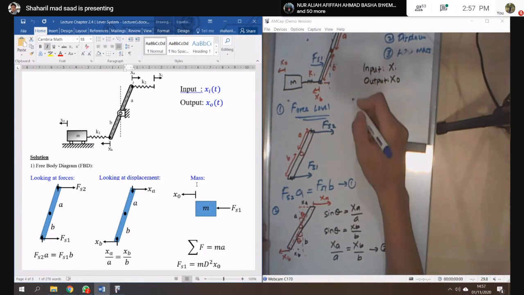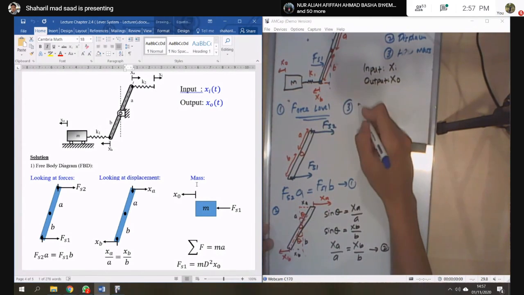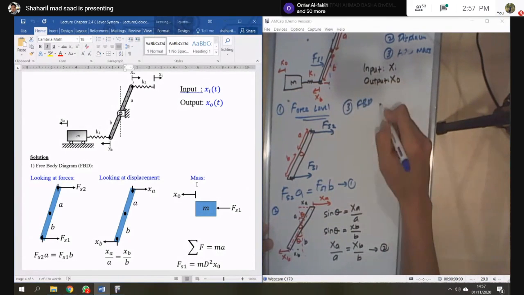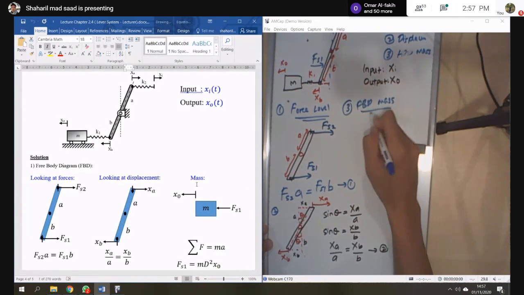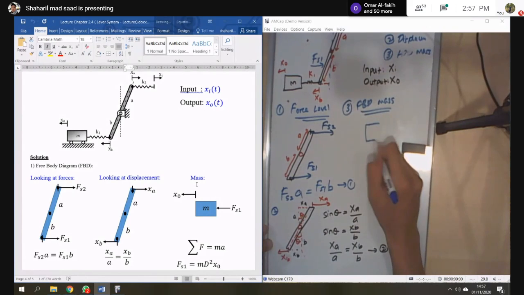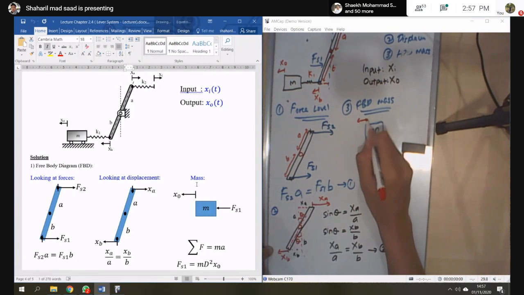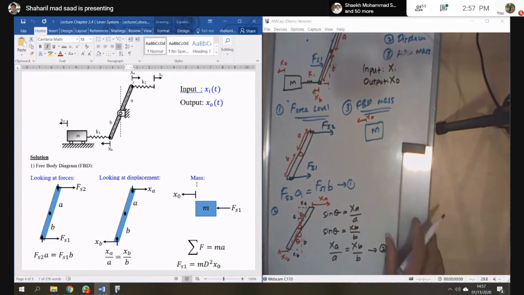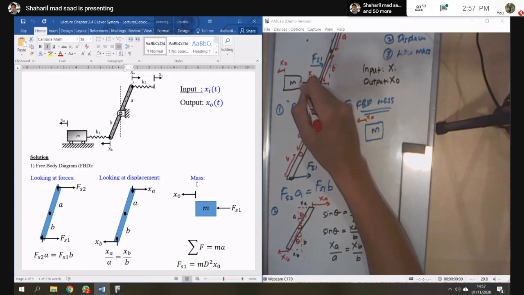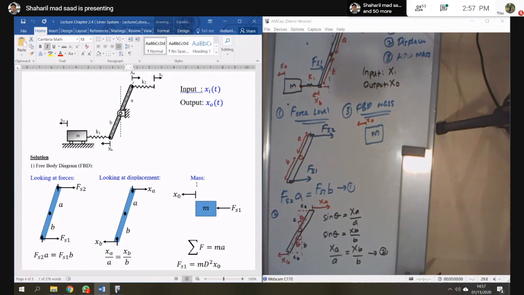And then the last one, the free body diagram for the mass. So this is your mass M, and M has the displacement x naught, and there is only one point that reacts to the mass.